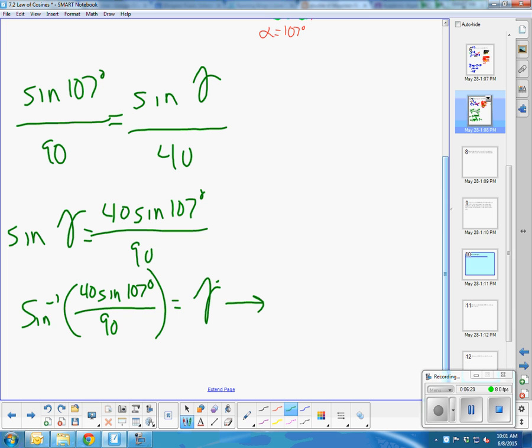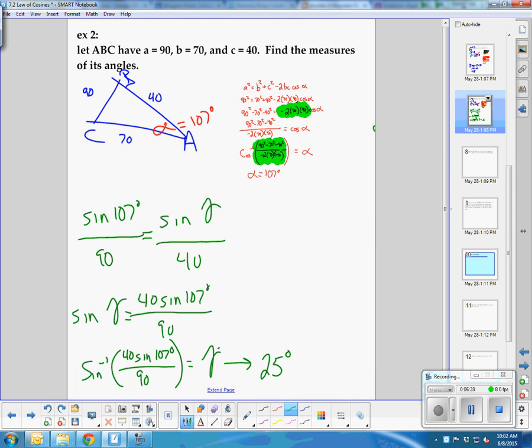Take a moment, put that in our calculator, and we get approximately 25 degrees. So that's just using law of sines within a law of cosines problem. And that's how a lot of this trig stuff works. While it's a law of cosines to start, the finishing of the solution can meander through a couple of different methods. So we've got our alpha, we've got our gamma. Maybe I'll label that on our diagram. Gamma equals 25 degrees.